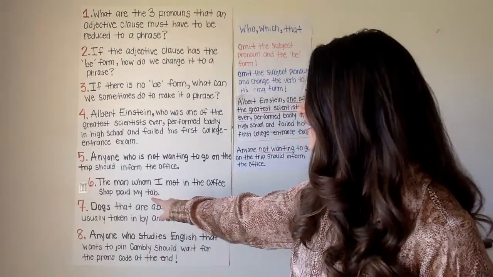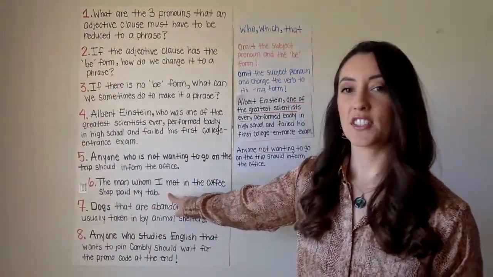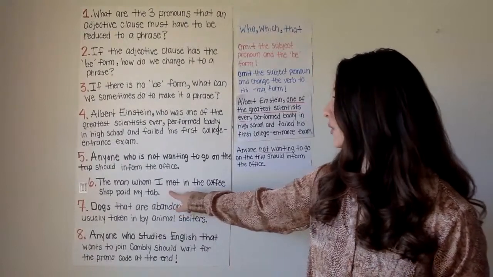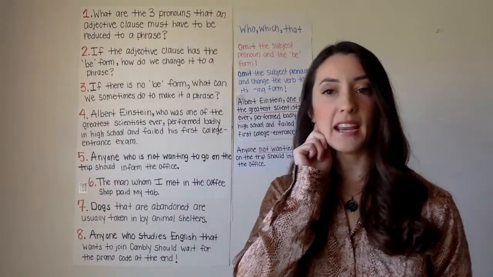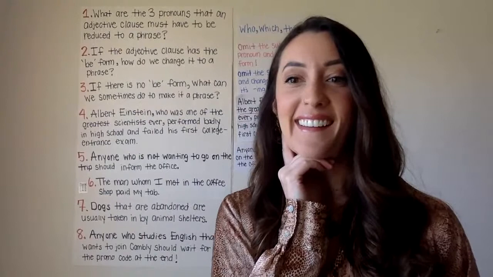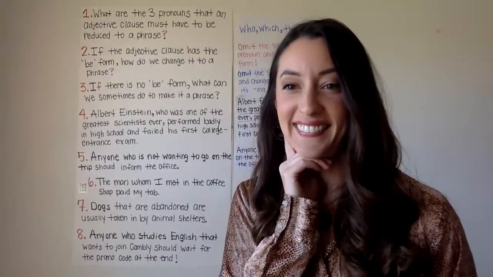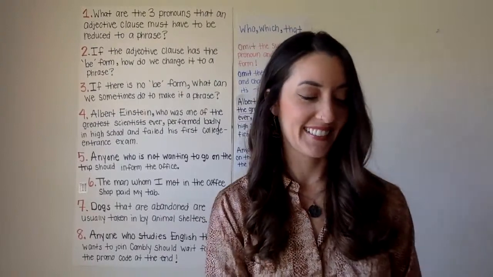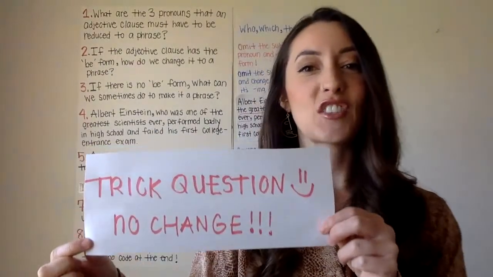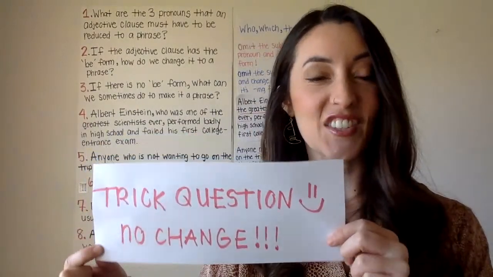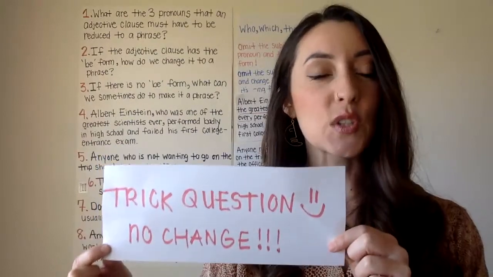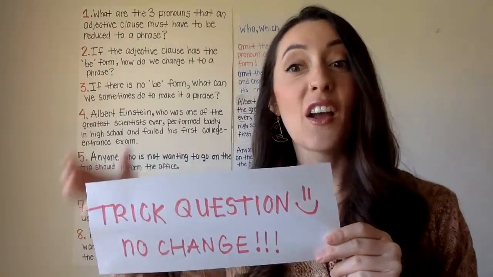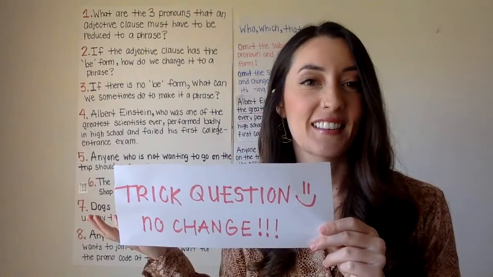How do we change this adjective clause to an adjective phrase? The man whom I met in the coffee shop paid my tab. Great job. I see that was a trick question. Trick question. No change. You can't change this to an adjective phrase. Why can't we change it?